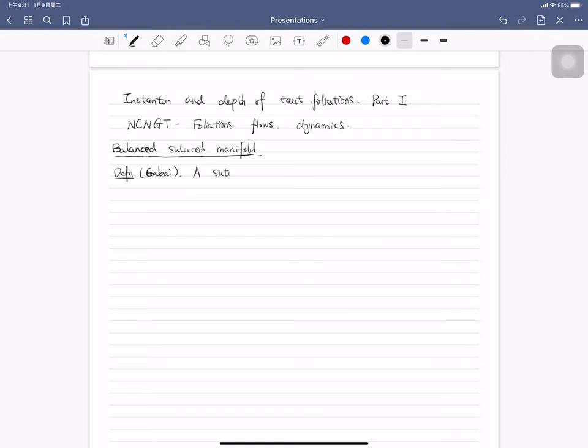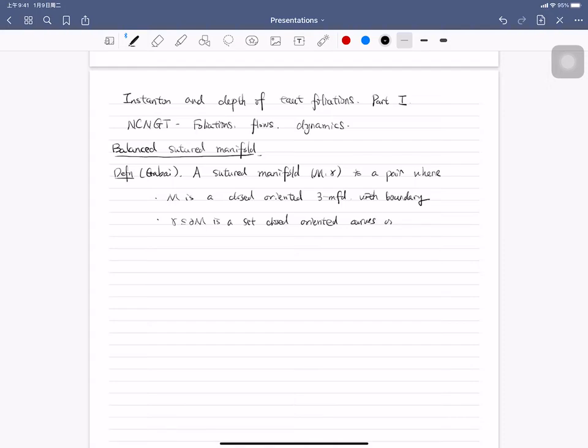A suture manifold (M, gamma) is a pair where M is a closed oriented three manifold with boundary, and gamma is a set of closed oriented curves on the boundary of M. So it's 0 in the first homology.